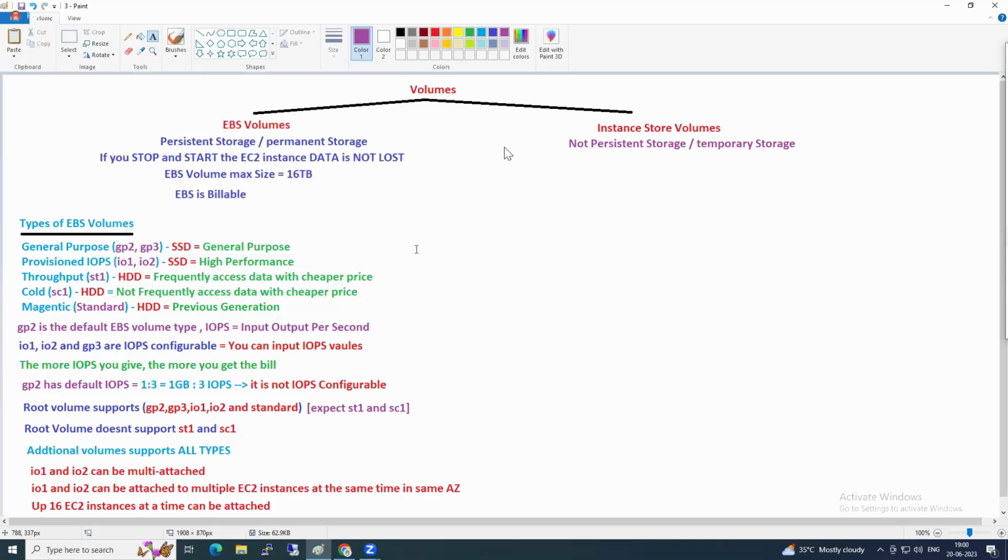Now tell me, if you stop and start the EC2 instance which has an instance store volume, is data lost? Yes, data is lost.